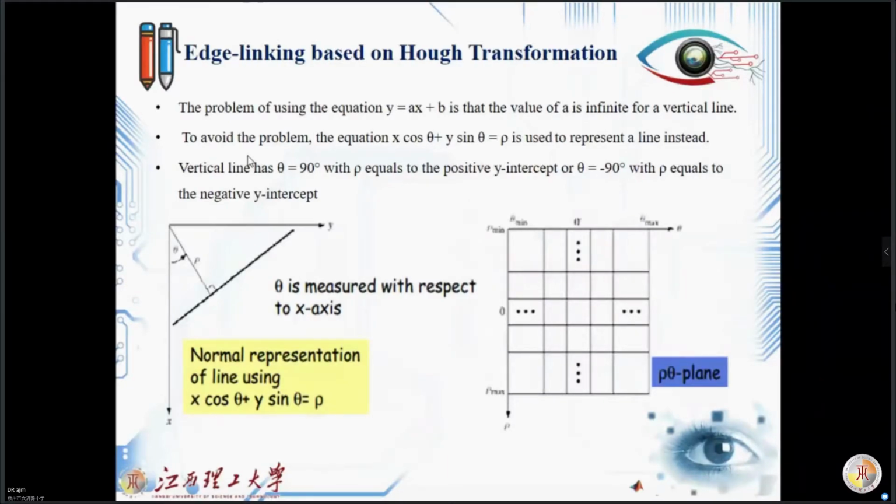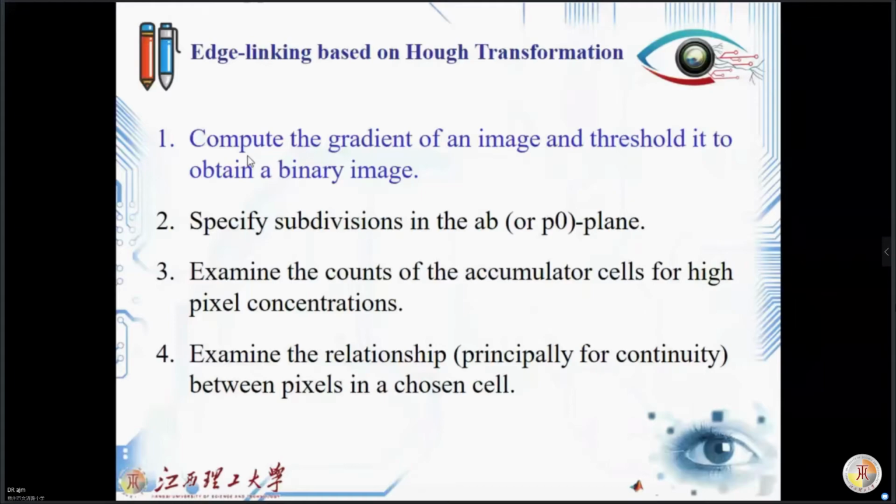Vertical lines have theta equal to 0, with rho equal to the positive x-intercept, or theta equal to minus 90 with rho equal to the negative y-intercept. As you will see in the figure, I show some parts of this approach of the Hough transformation.